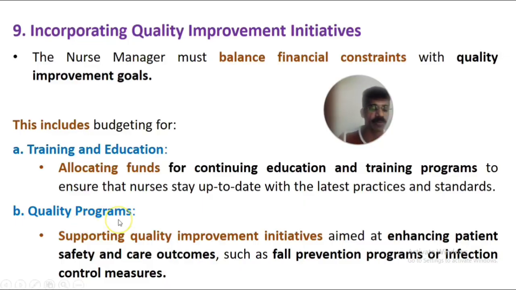The next one is quality programs. Supporting all the quality improvement programs, quality assurance programs or quality improvement initiatives in the hospital that are aimed at enhancing patient safety and positive, satisfactory patient outcomes, such as fall prevention programs, and infection control measures to prevent secondary or nosocomial infection in the hospital setting.